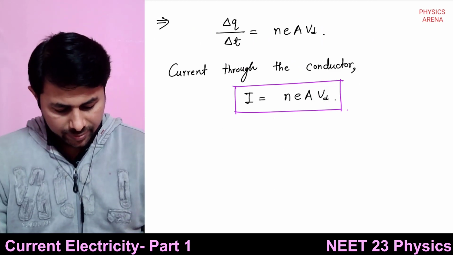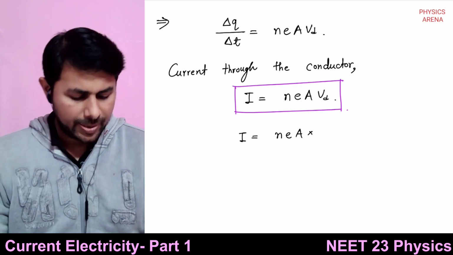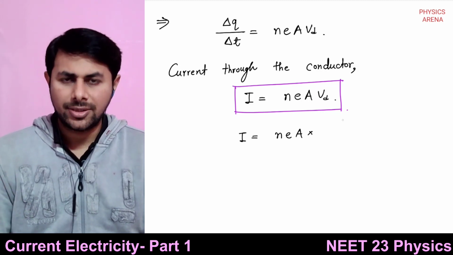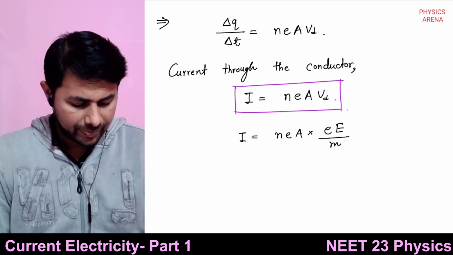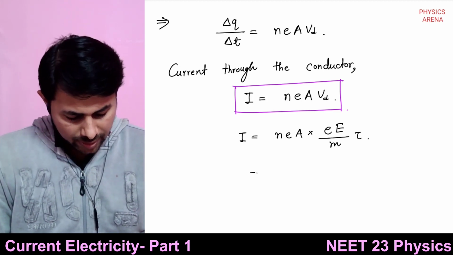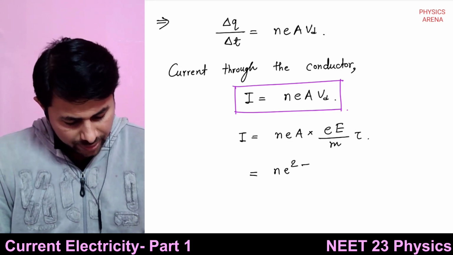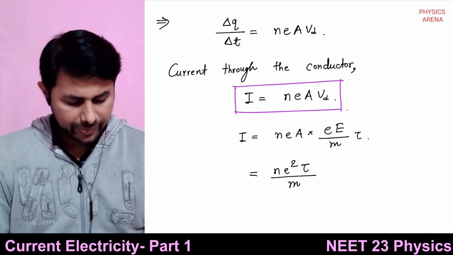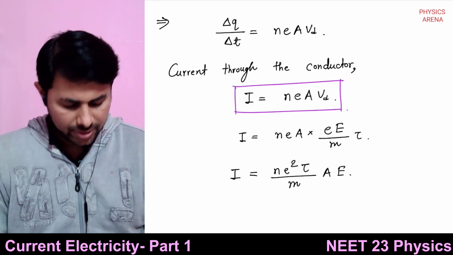So what do I get? I get I equals n e A multiplied by, I'm just taking the magnitude of drift velocity, e times E upon m into tau. That is, you get n e square tau upon m multiplied by A multiplied by E. This is your I.